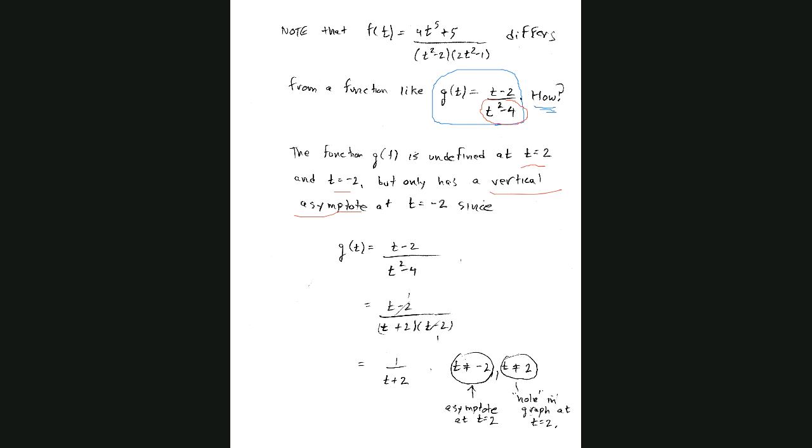this f of t function, the denominator gave us 4 vertical asymptotes. In other words, if we were to factor the denominator in the f of t function, we'd have 4 factors.